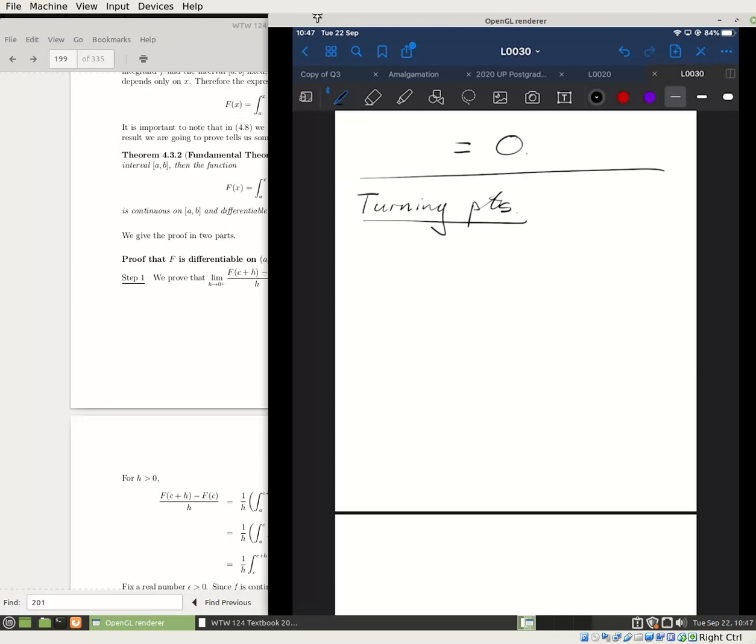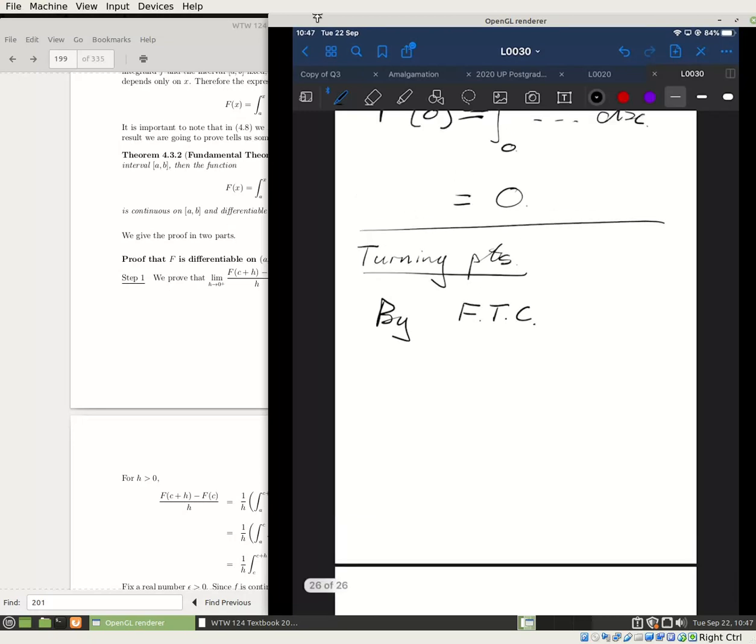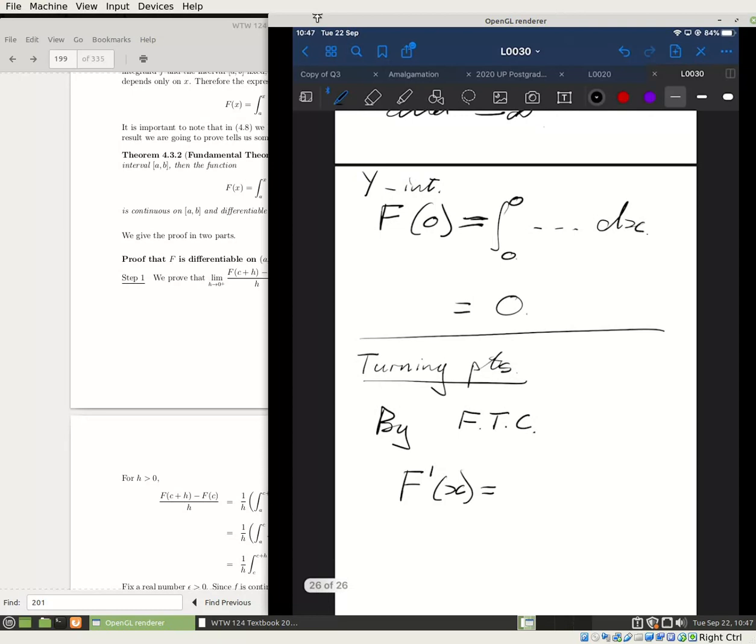So firstly, by the fundamental theorem of calculus, we can work out what the derivative of big F is. And what is the derivative of big F? That is x cubed minus 3x squared plus 2x over x squared plus 1.